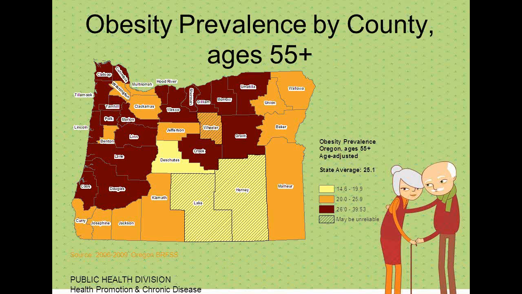Older adults are more likely to be obese than younger adults. And these days, many older persons in need of services are not tiny and frail. They're actually large and frail.